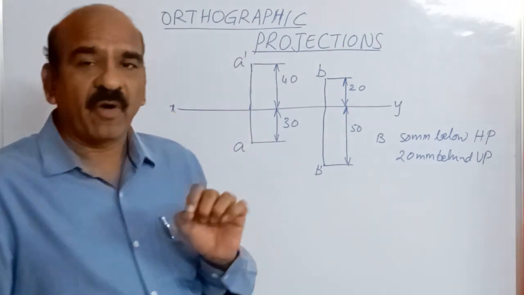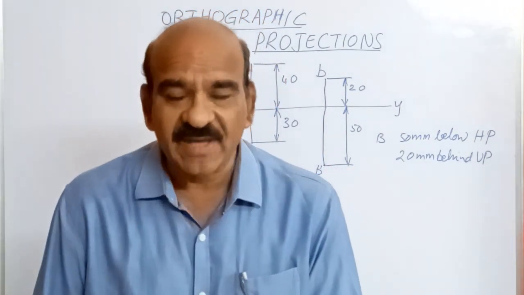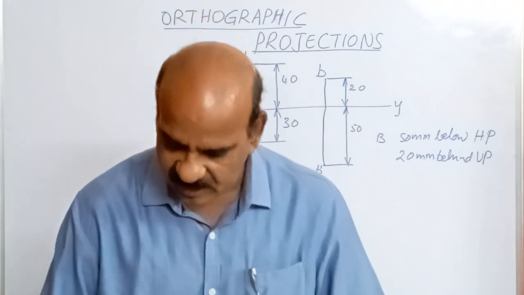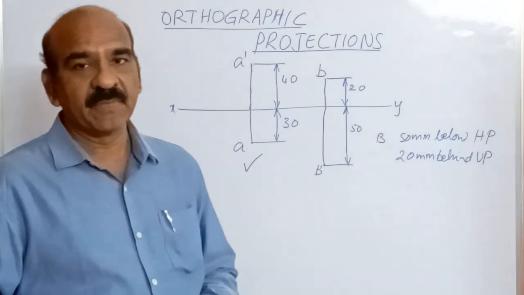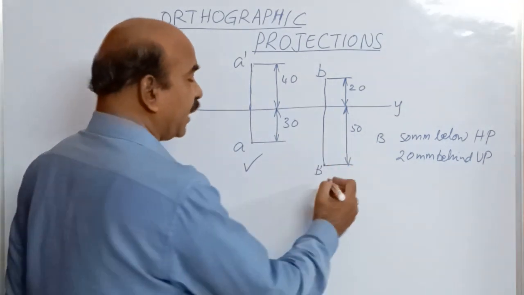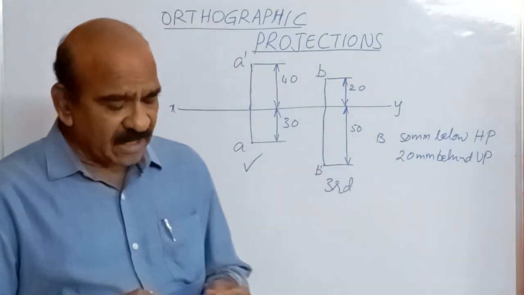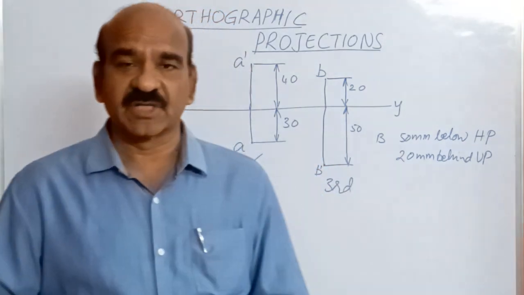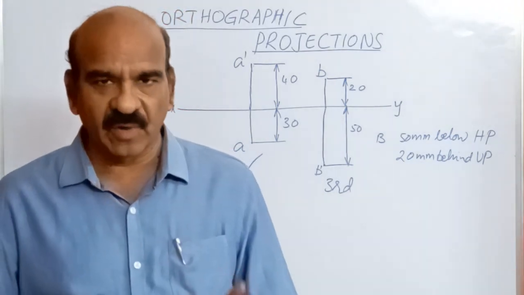So when the point is in the first quadrant, the projections are called first angle projections. When the object is in the third quadrant, the projections obtained are called third angle projections. Earlier we used to follow third angle projections, but nowadays the standard is first angle projections only.